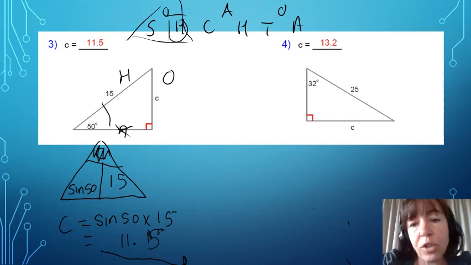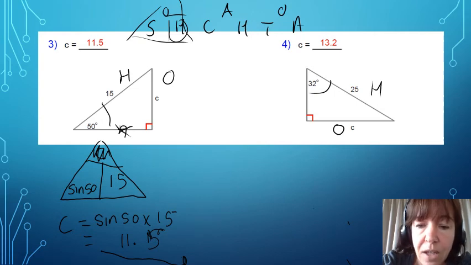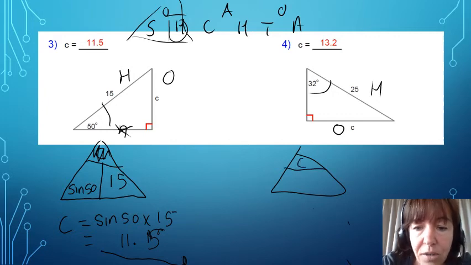And we've got the answer for this one as well, but let's do it again because this case is going to be slightly different again. When I do this one, here is my angle and I've been given my opposite and I'm looking for my hypotenuse because the angle is now in the top corner. So again, I've got sine, opposite is above, so it's going to be C over there.